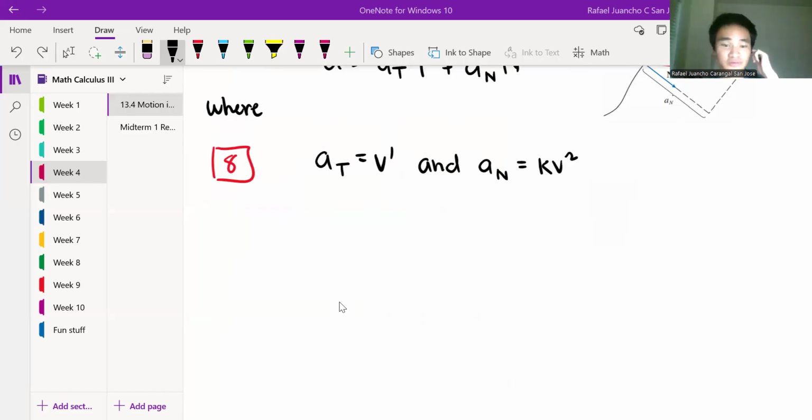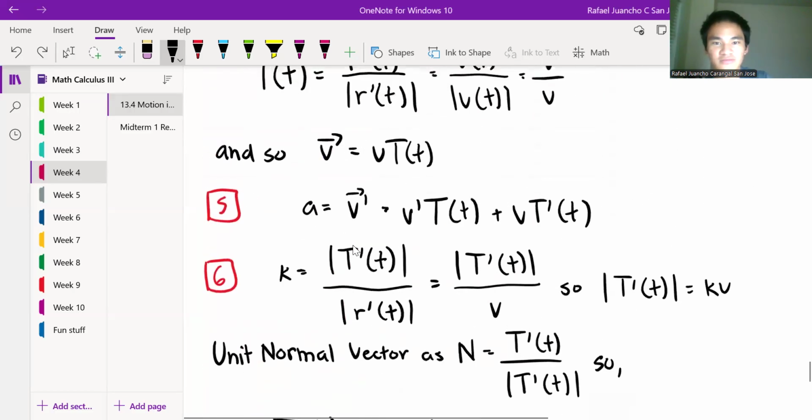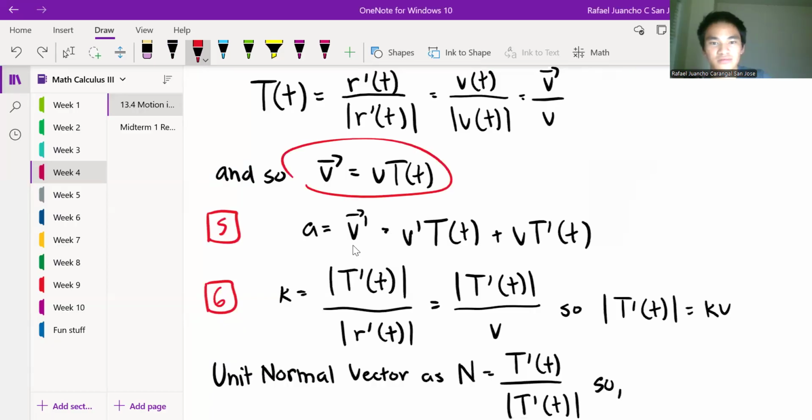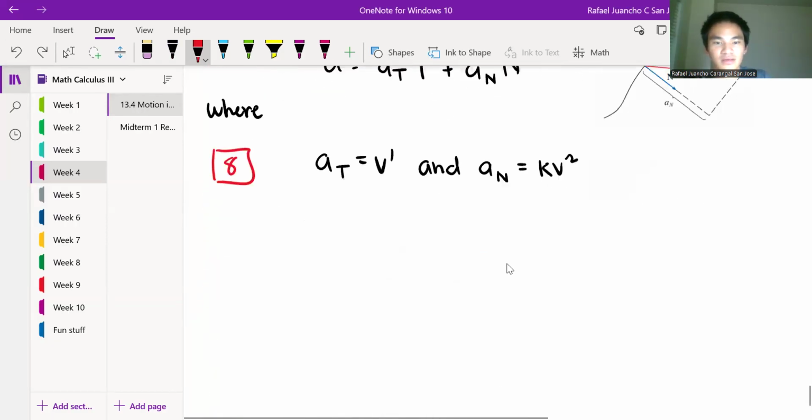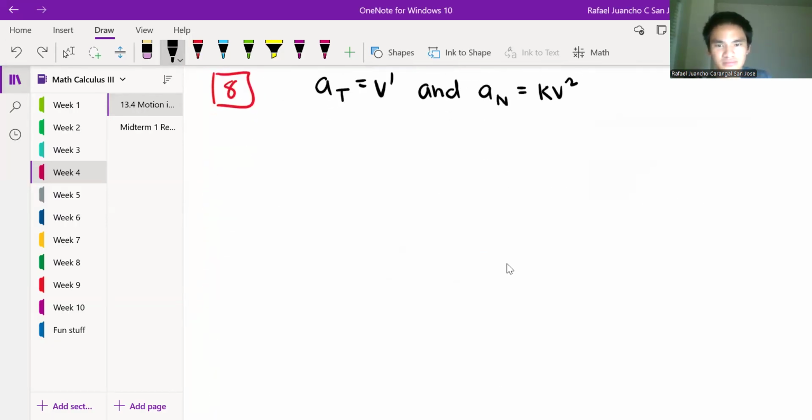So that's easier to work with, right? And so to this end, we take the dot product of our v vector with a, as given by equation 7.